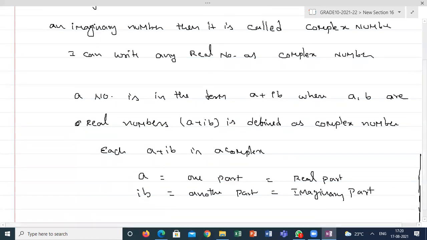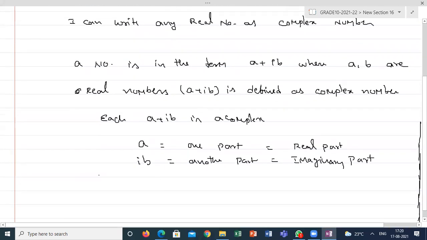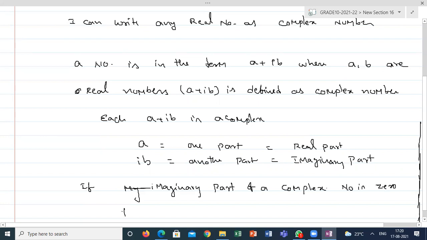So if the imaginary part of a complex number is 0, then it is a real number.